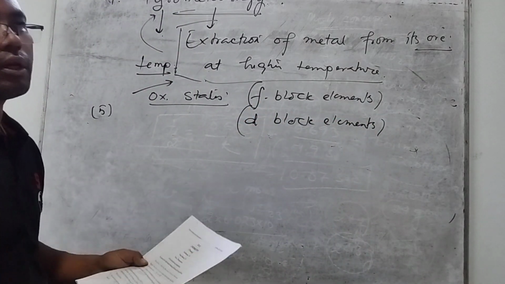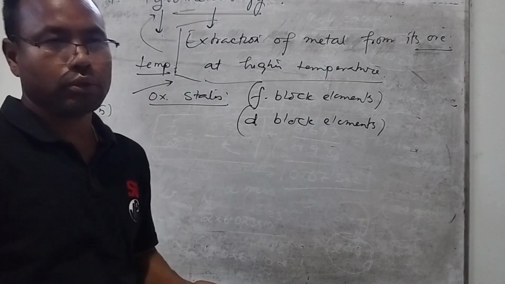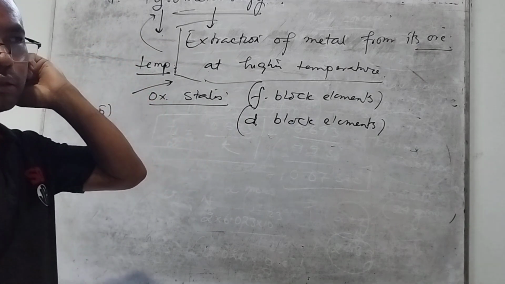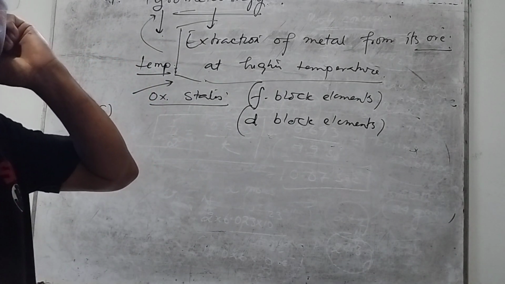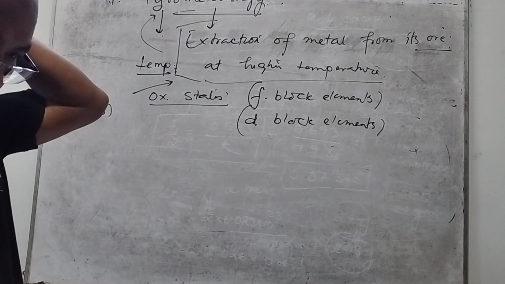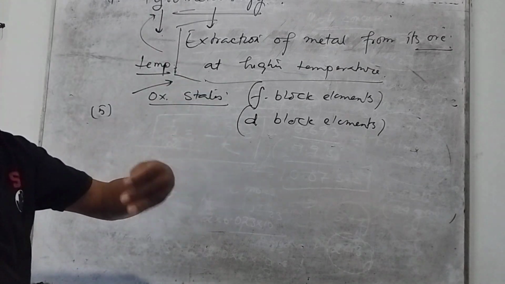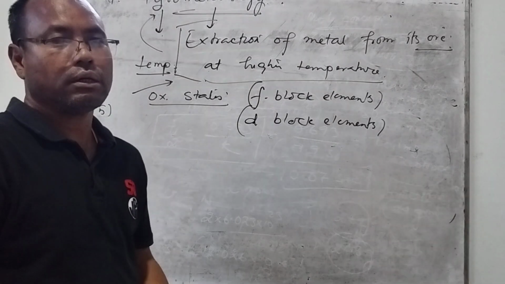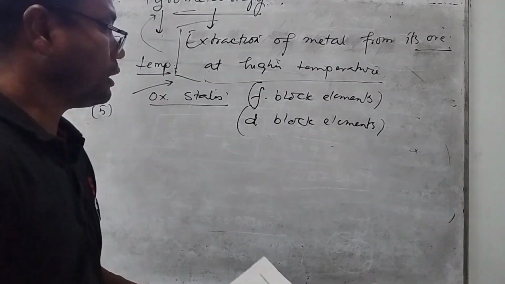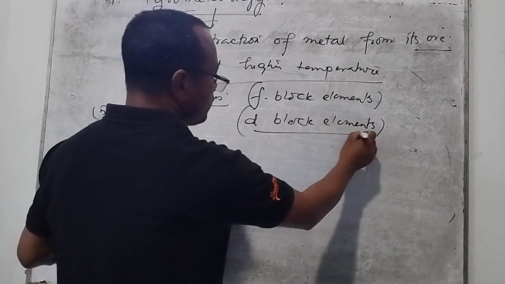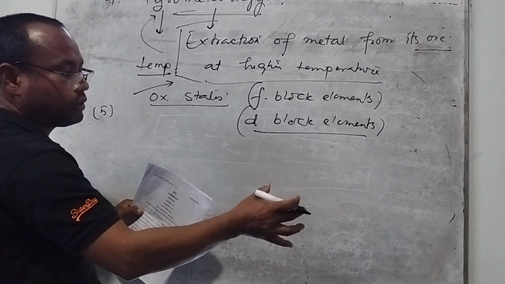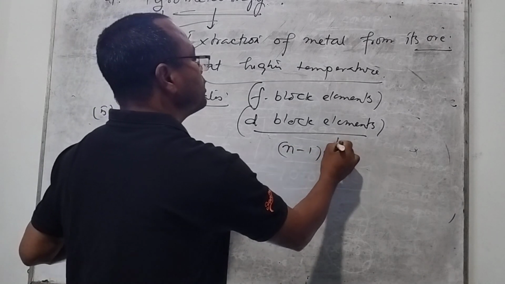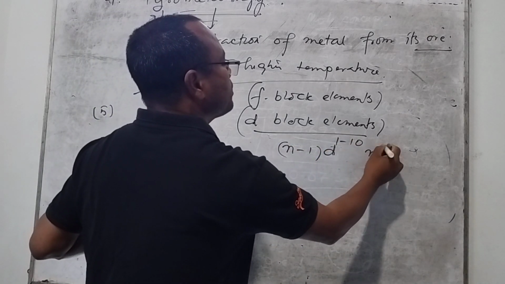Oxidation number is the number of electrons which are contributed in the formation of the bonds. Understand? So how are the electrons contributed in the formation of the bonds? The electrons present in the outermost shell are responsible for the formation of the bonds. In D block elements, what is the outermost electronic configuration? We know it is (n-1)d1 to 10, then ns2.